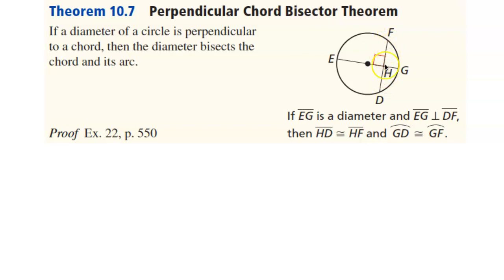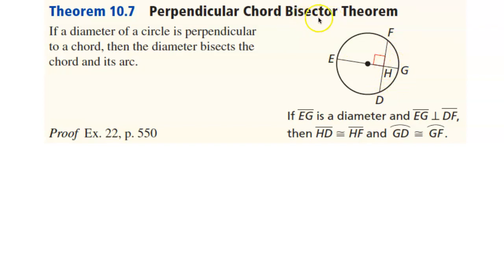This other chord gets cut exactly in half, it gets bisected, and the arc associated with that chord also gets cut in half. So the chord FD, H becomes the midpoint, so FH equals DH, and then from an arc standpoint, arc FG is equal to arc DG.